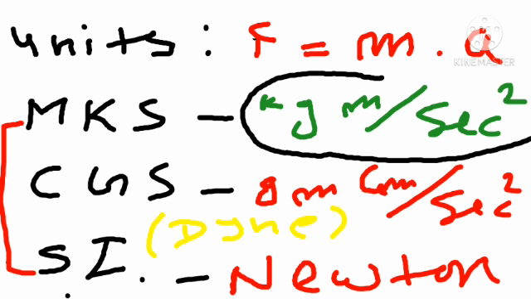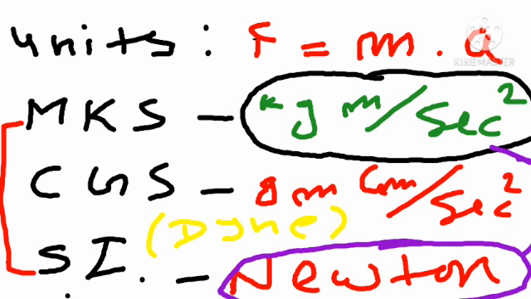So the unit of force in MKS system is kilogram meter per second square. The same thing we call in SI system Newton. So 1 Newton means 1 kilogram meter per second square. Have you understood? Learn it please, very important from the examination point of view.